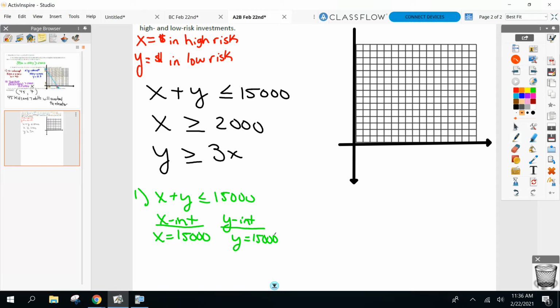All right, if you have not, I'll slow down now. Go ahead and get your, remember, you don't need 4 quadrants. You only need the 1 quadrant here because I'm not going to invest a negative amount.